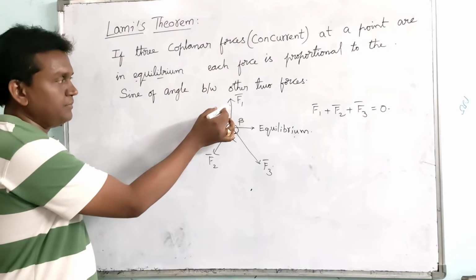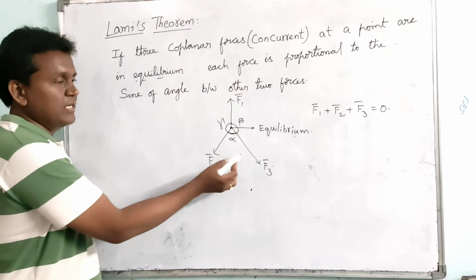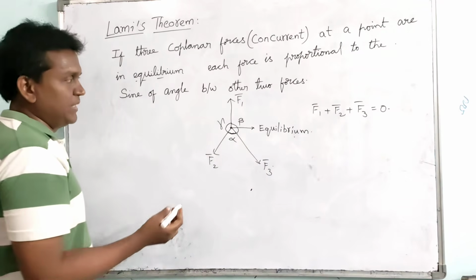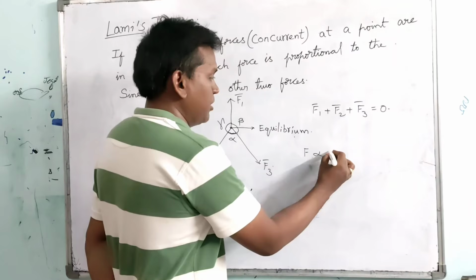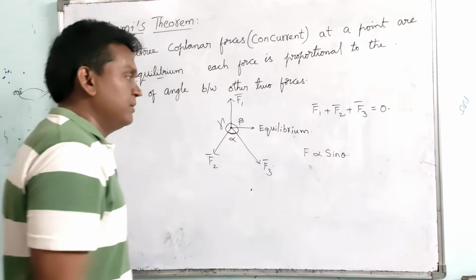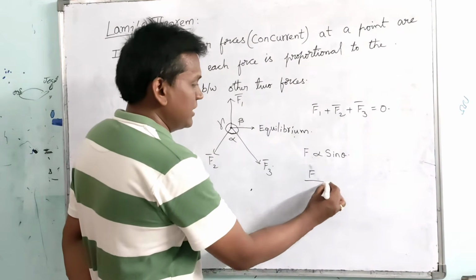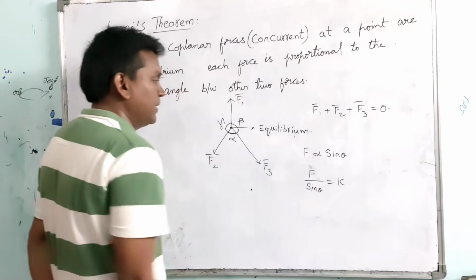The statement says each force is proportional to the sine of the angle between the other two forces. That means F1 is proportional to the sine of the angle between F2 and F3. Force is directly proportional to sine theta, so we can write force upon sine theta is constant.